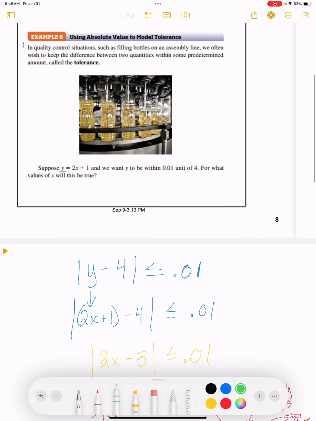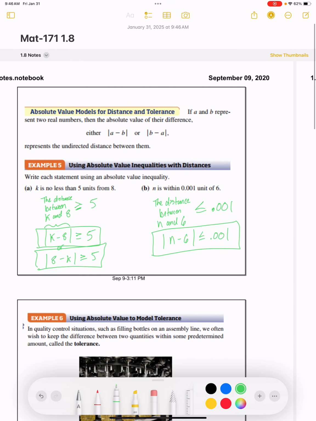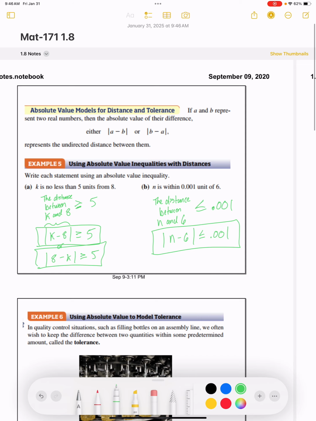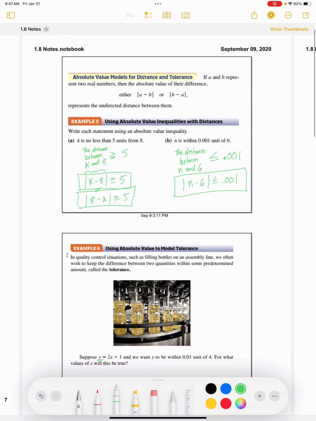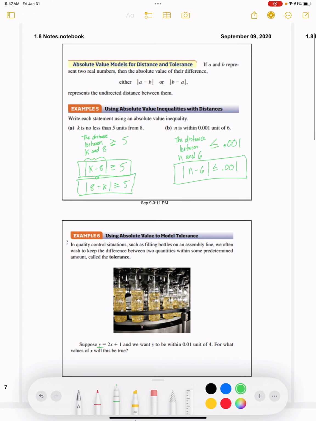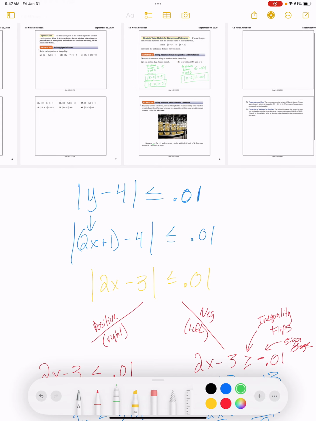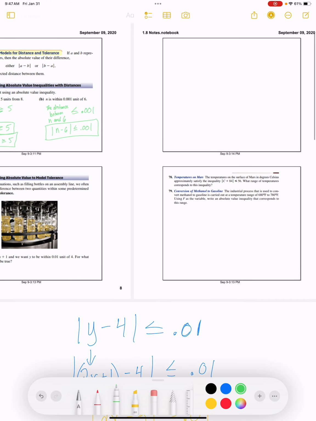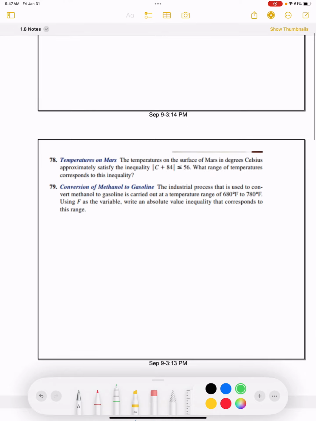Let's see if we got anything else. All right, I can see that there's an example. Let's see.